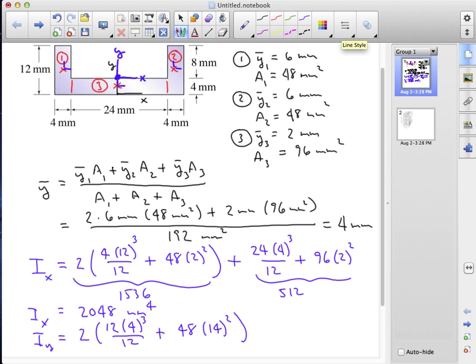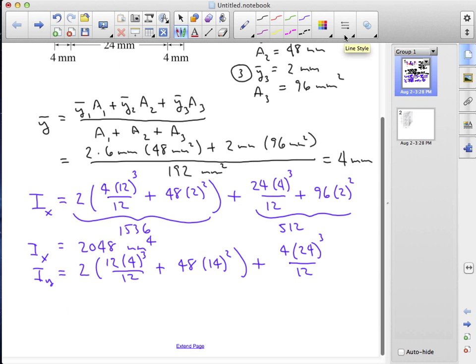And then for the horizontal member along the bottom, again, its local y-axis is coincident with the y-axis of the centroid of the shape. So there's no parallel axis contribution, and we get just hb cubed over 12. So 4 times 24 cubed over 12.